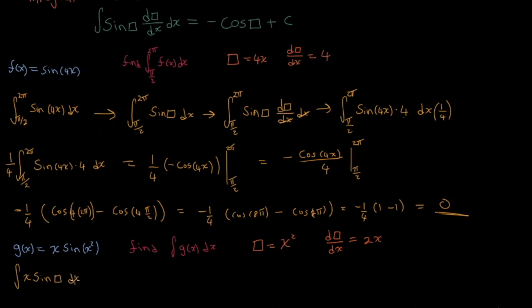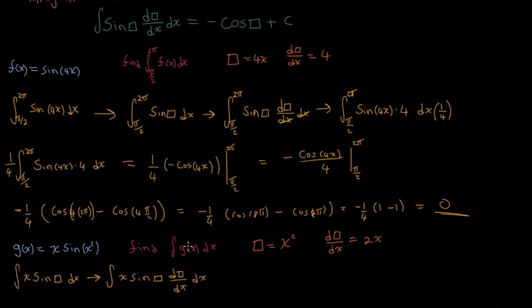Okay, but as you can see, this is a dx and we want it to be in this form here. So what we can do is simply multiply this by d box by dx here. So we get x sine box, d box by dx, times dx.